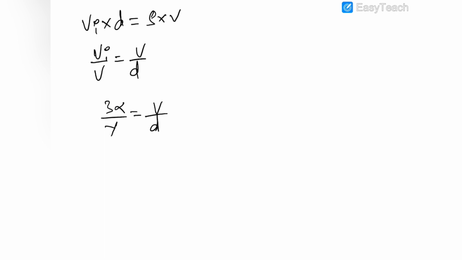In fact, this is not V by D, it is rho by D, sorry. This is rho by D, and therefore the correct relation is this one.